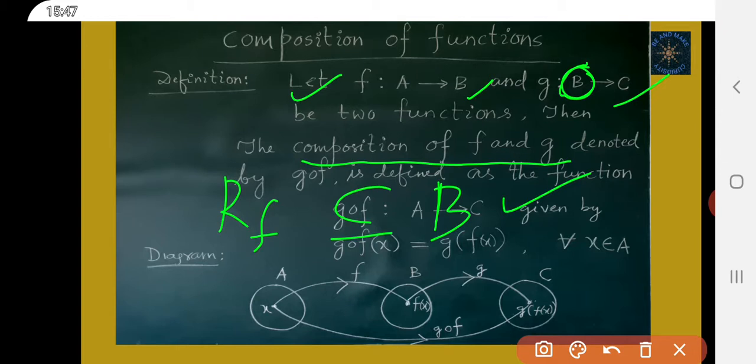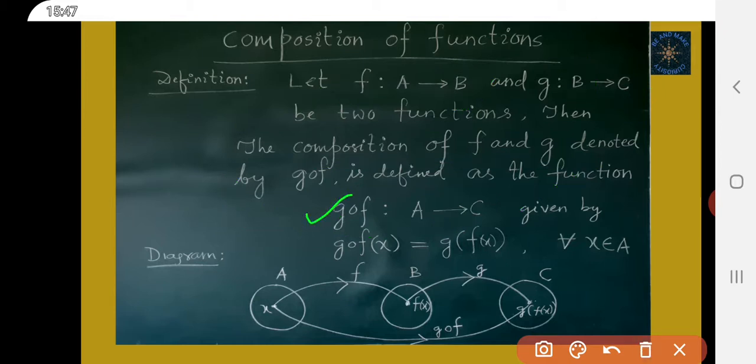Why? Because here f is mapping from A to B and g is mapping from B to C. So the condition is satisfied, so we can find the composition of f and g, that is gof, mapping from A to C.